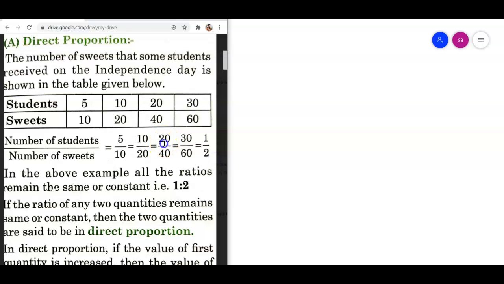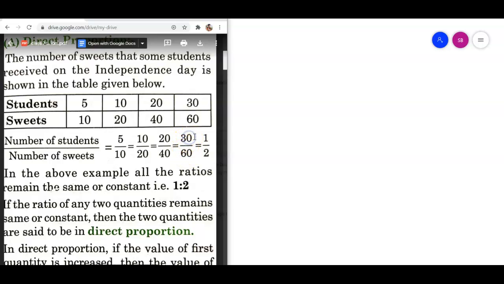Then next you have 20 students, 40 sweets are distributed among 20 students. So 20 upon 40, 20 ones are 20 and 20 twos are 40. So here also we get the fraction 1 upon 2. And the next, if there are 30 students, then 60 sweets are distributed.